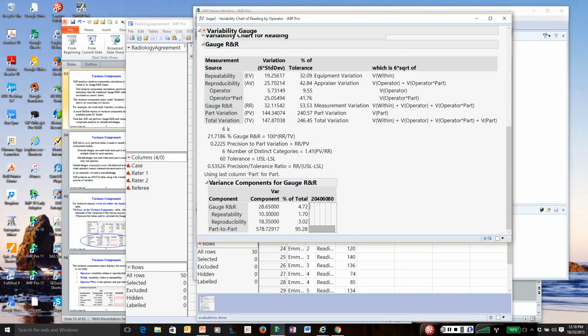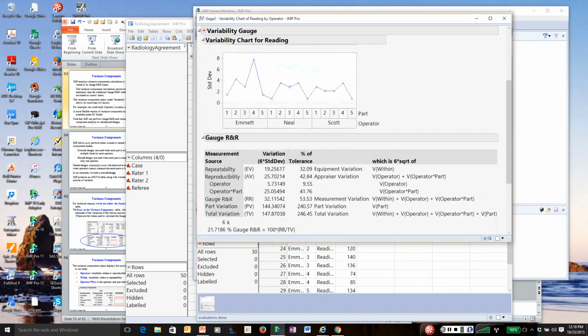Remember, the key point: when you add up all of the measurement variation, the P to T ratio was 0.54 roughly. In other words, the noise in the measurements alone takes up 54% of the specification range.